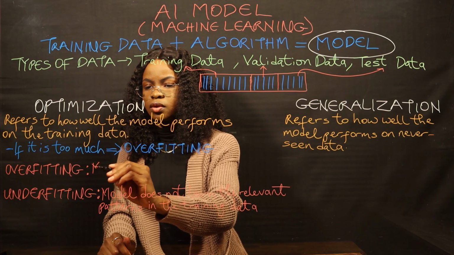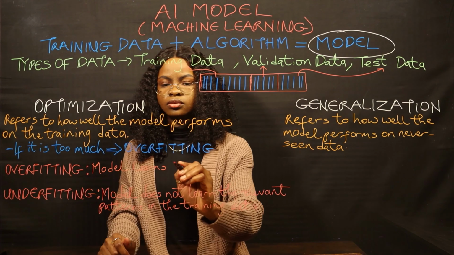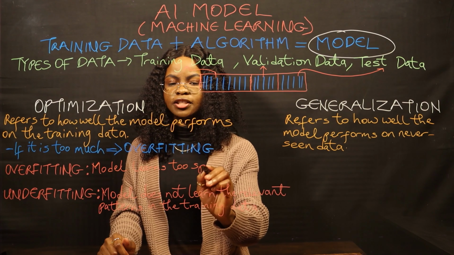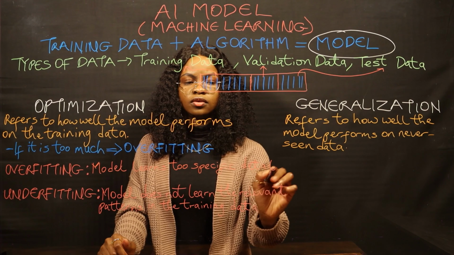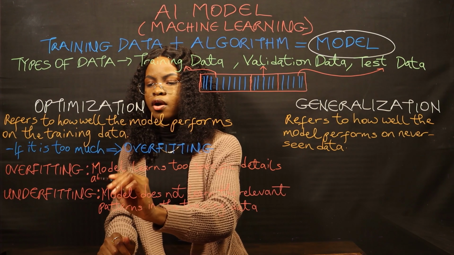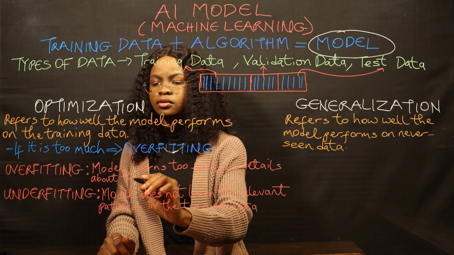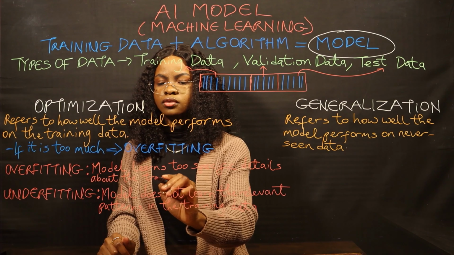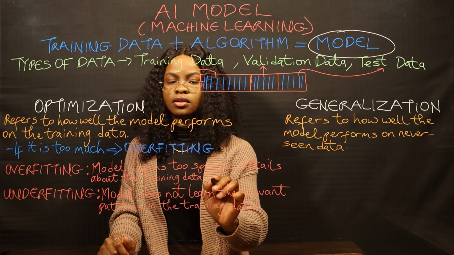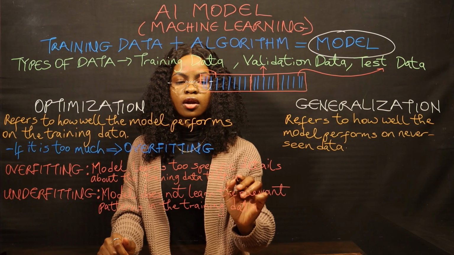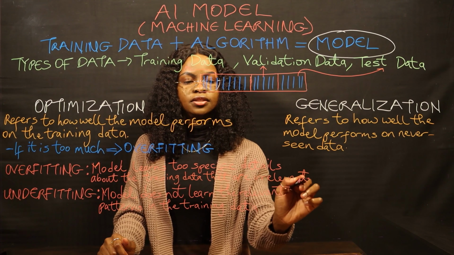So the model learns too specific details about the training data that are irrelevant.